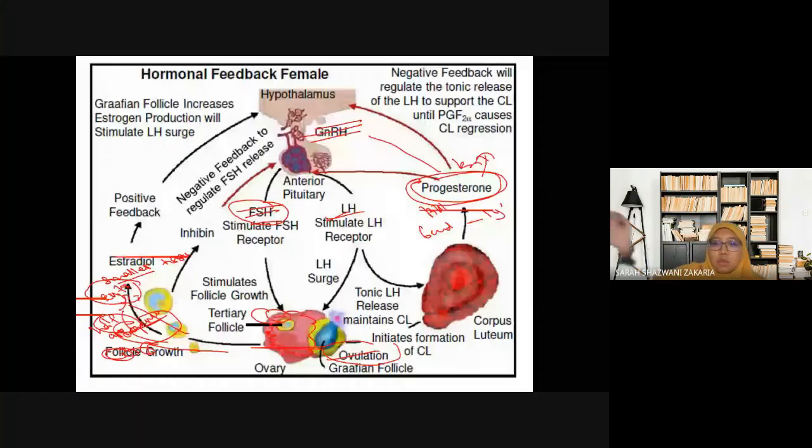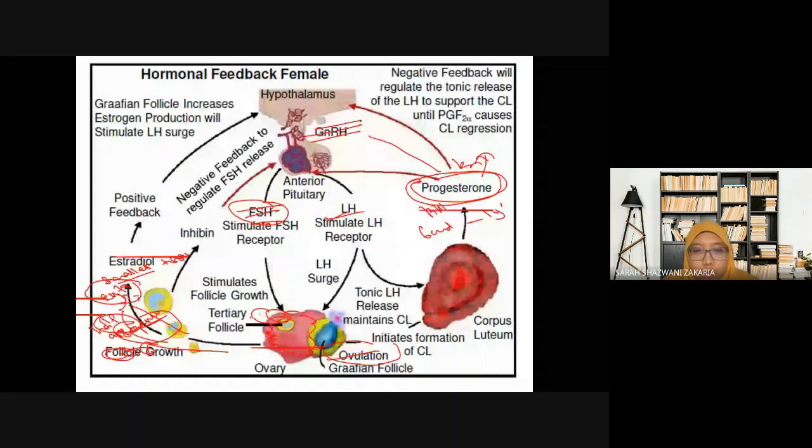The next month tu, follicle tu tak cukup signal untuk grow. Kalau dia grow pun sangat sikit lah ataupun kecil yang mana, yes, it's a high risk that it will develop into cyst.